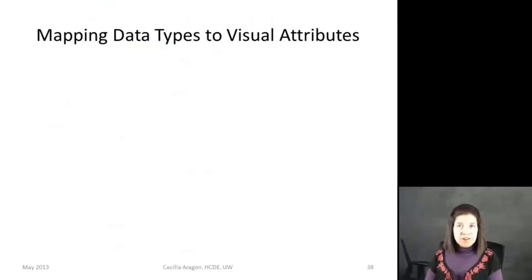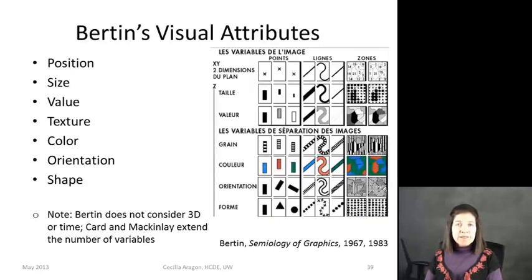All right, so moving on. We've now completed step 1 of the process of information visualization. So now let's describe how to do step 2, mapping data types to visual attributes. In 1967, Jacques Bertin, a French cartographer, made the first formalization of visual language and the first attempt at a theoretical foundation for information visualization.